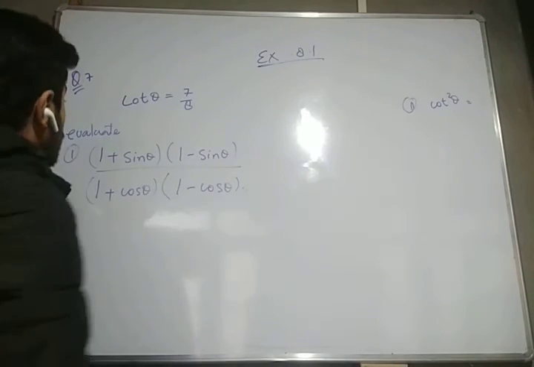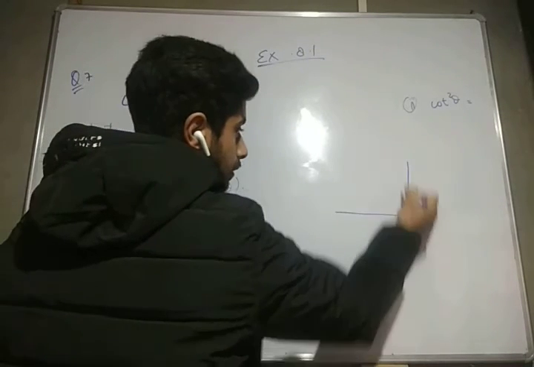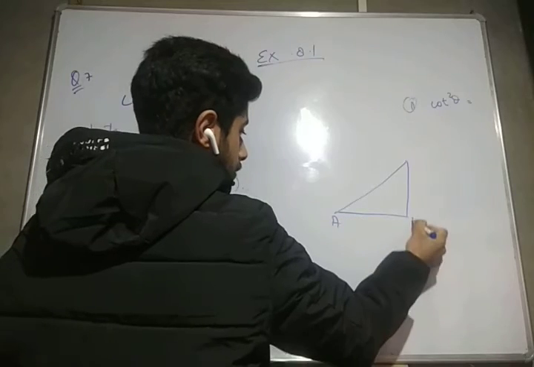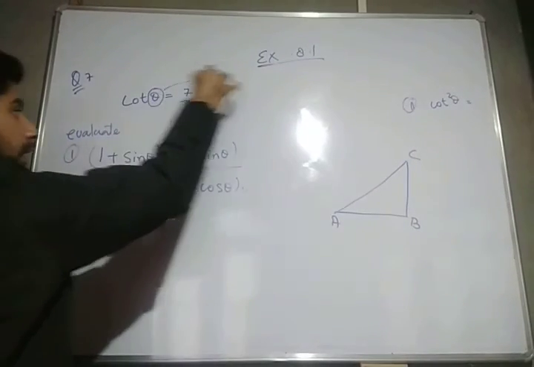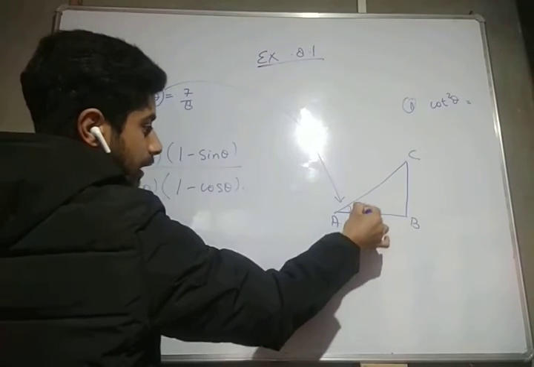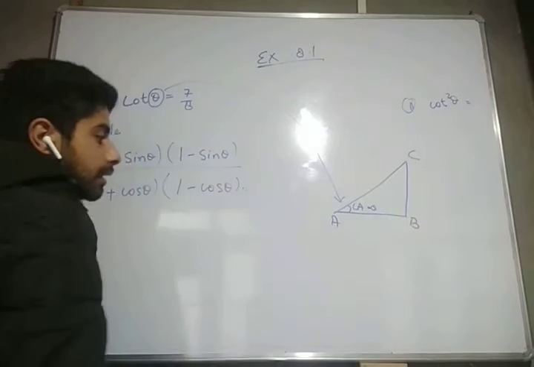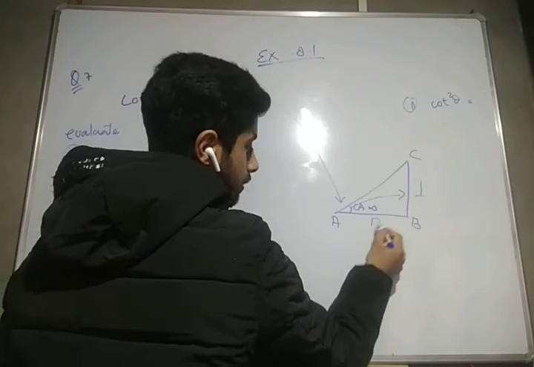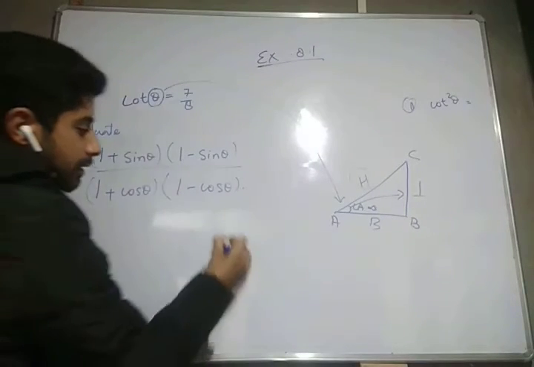See, now let's draw a right angle triangle like this. This is our A, this is B, and this is C. This theta, we are representing it by angle A. So angle A is our theta. This side, just opposite to it, is our perpendicular, this is base, and this is hypotenuse. Now cot theta is given.